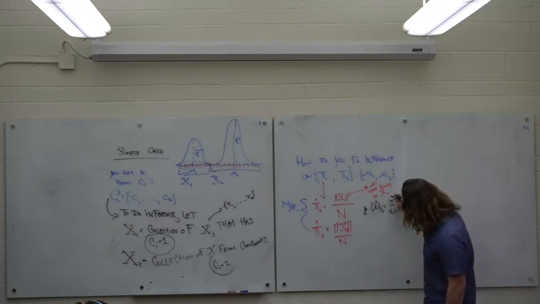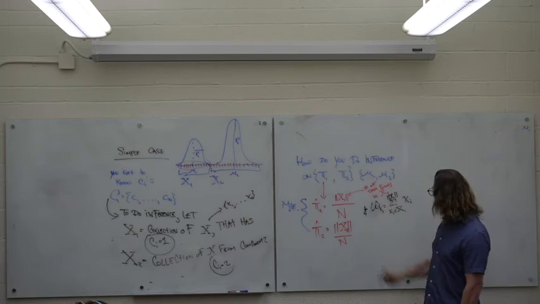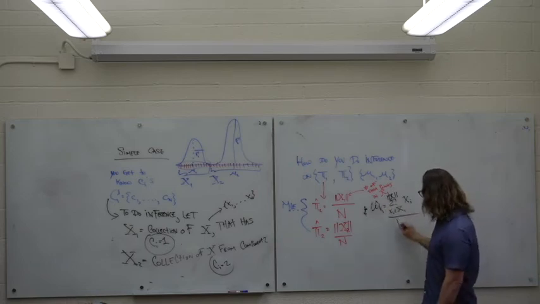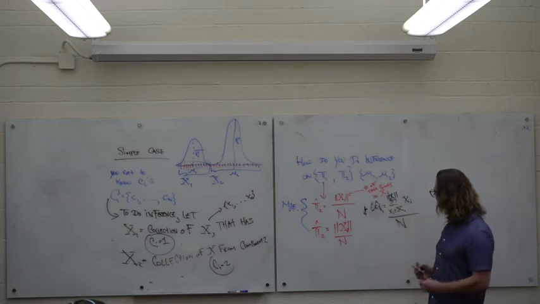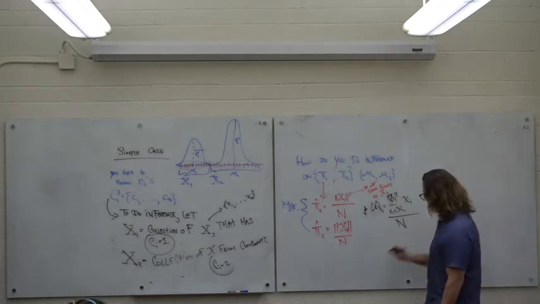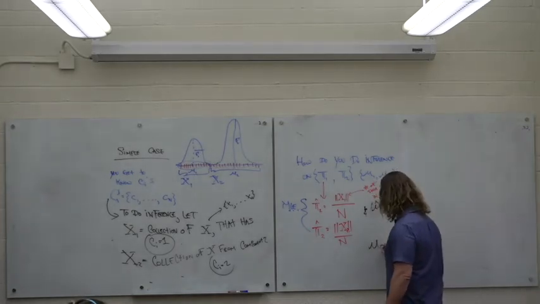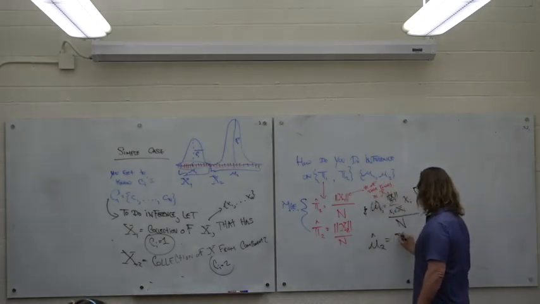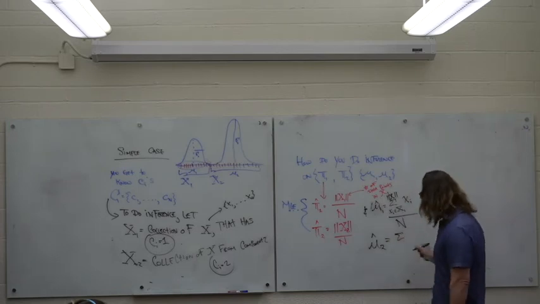And I'm going to end up dividing by the size of X1. So same notation. I divide by n. Similarly, mu2 is just the average of the points from component 2.